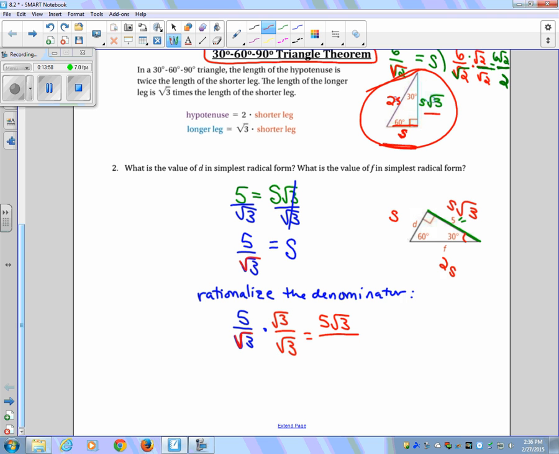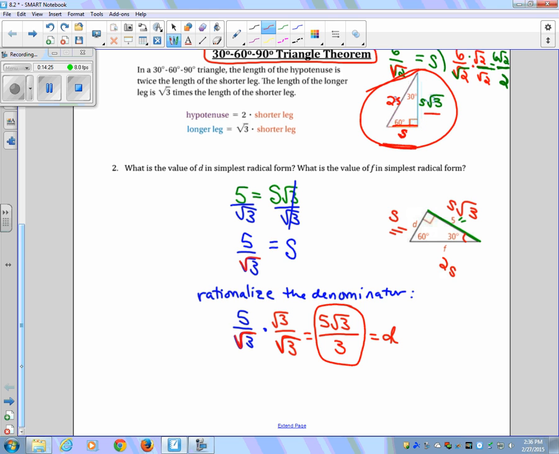And square root of 3 times the square root of 3 is just 3, because, like we said, anytime you're multiplying by itself, it just cancels out the square root sign. So we have 5 times the square root of 3 over 3 as the value of S. And if you look here, that is the value of D also. That's what they asked us for. What's the value of D?